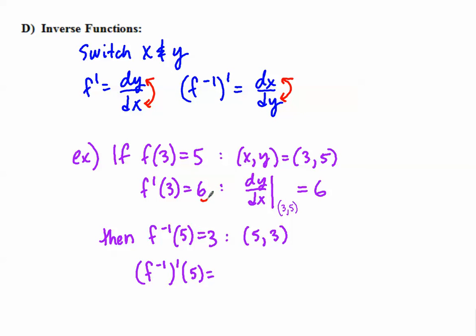So I take my derivative and flip it over, 1 over 6. What's the way to write that with this notation? For f inverse prime, we are talking about dx dy at the point 5, 3. And that equals 1/6. So just keep in mind what we are doing, switching x and y's in inverse functions. That goes for even the dx, the dy for derivatives.